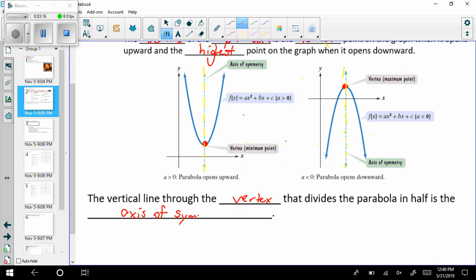Now you might ask, what is the purpose of the axis of symmetry if it's technically not even there? You wouldn't even see it if you're looking at the parabola. Well, it goes back to the fact that mathematicians, we like shortcuts.